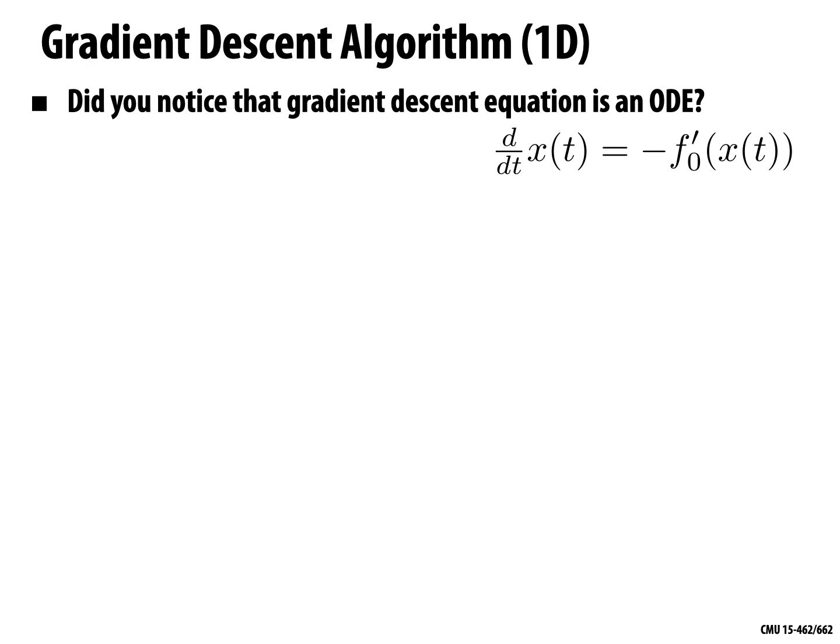It says the change over time of the quantity x of t is minus the derivative of that function evaluated at x of t. So the derivative of the function is our velocity function. How do we solve this equation numerically? We already spent a lot of time last lecture talking about how to solve, in general, ordinary differential equations numerically. So this should be no trouble.